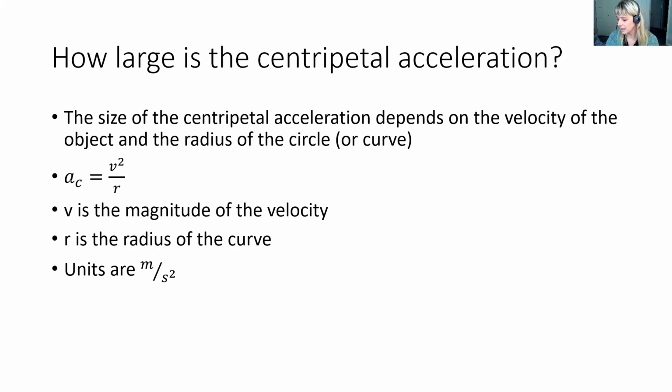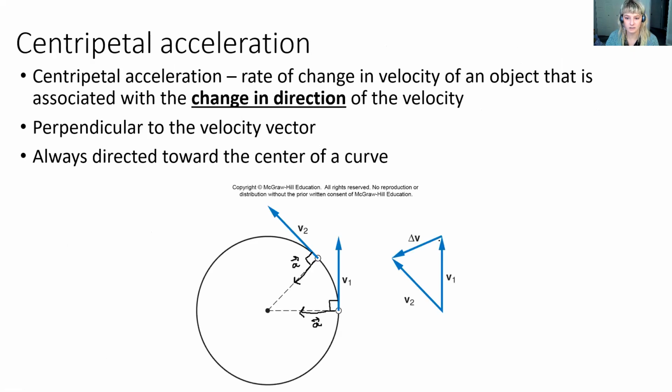If the speed of the ball or the object that's moving in a circle increases, the velocity vectors become longer, and that means that the delta V vector becomes longer. Obviously, that's going to create a larger centripetal acceleration pointing towards the center of the circle. If this is becoming longer, the acceleration becomes longer.